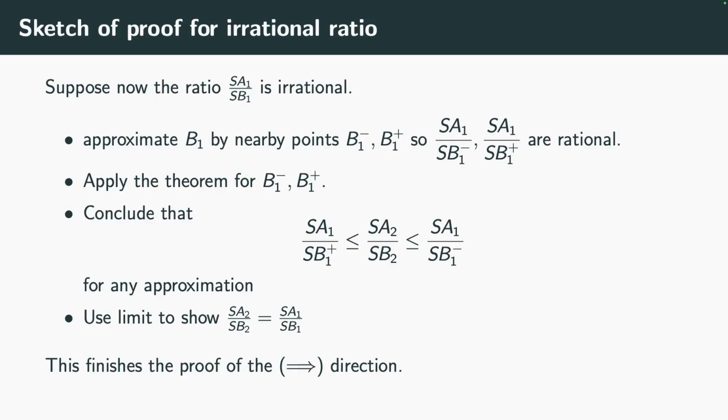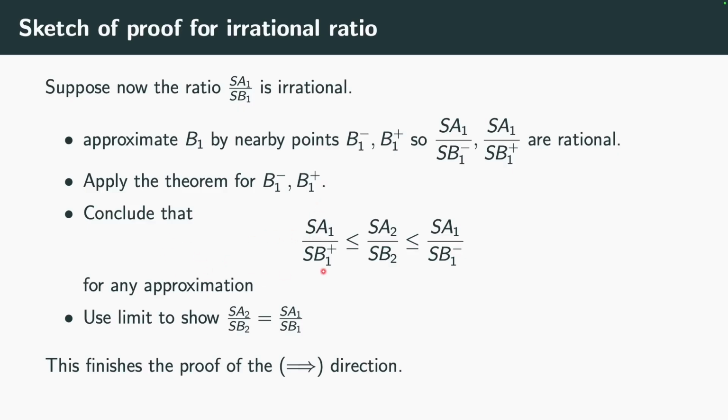B1 minus is a little bit closer to S, and B1 plus is a little farther from S. But I do it in such a way that these ratios are rational. I can always do that. We apply the theorem for SA1 and B1 minus and SA1 and B1 plus.